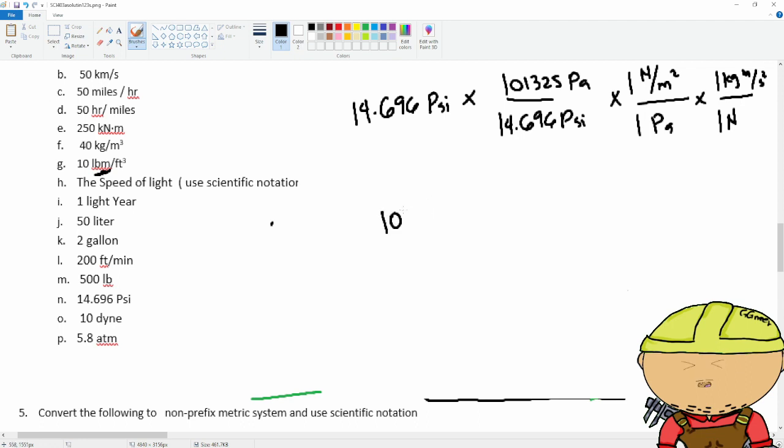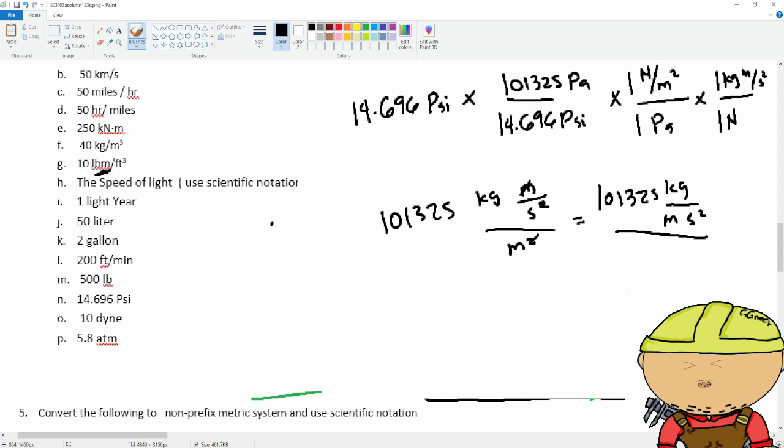So this will become 101,325 kilogram meter per second squared over meter squared. Cancel 1 meter, so that will become 101,325 kilogram per meter second squared. And that is our MKS. That's already MKS. Normally, Pascal, Newton, joules, the units for other quantities are already in the MKS system.